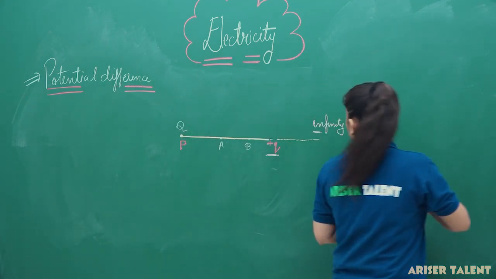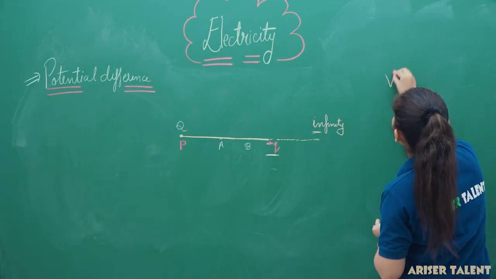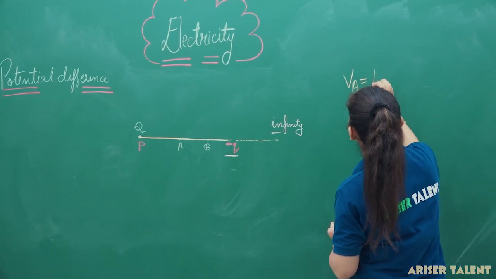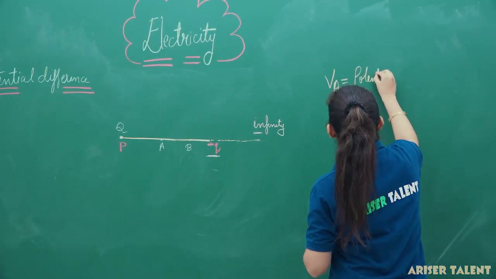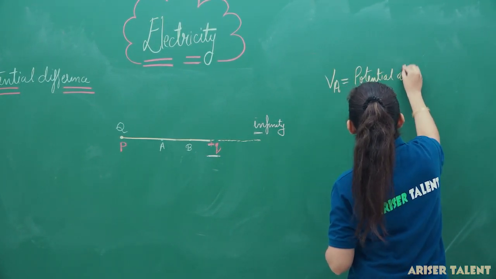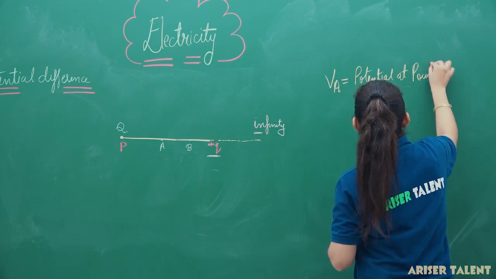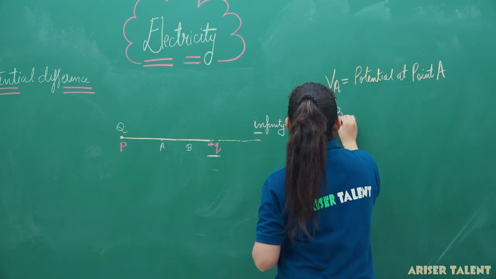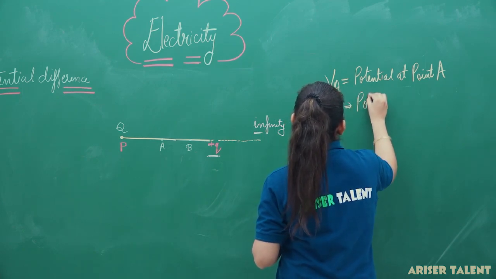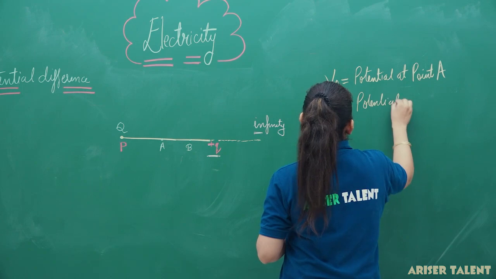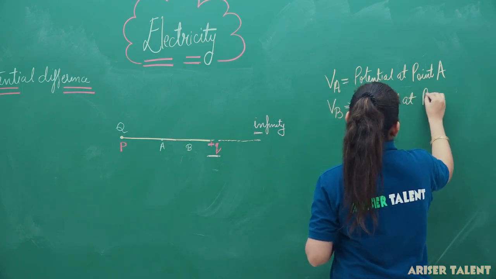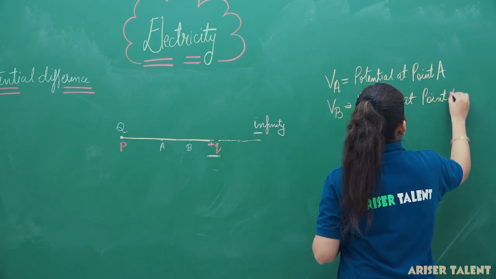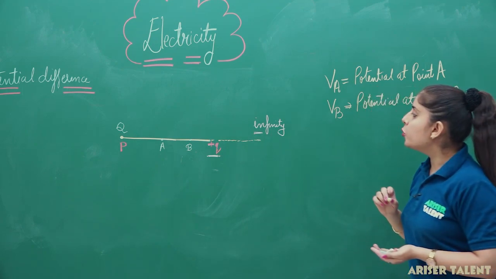So जो point A पे potential होगा वो कहलाएगा VA, potential at point A, and if we have point B, then potential at point B will be VB. So these are the potentials at 2 points.